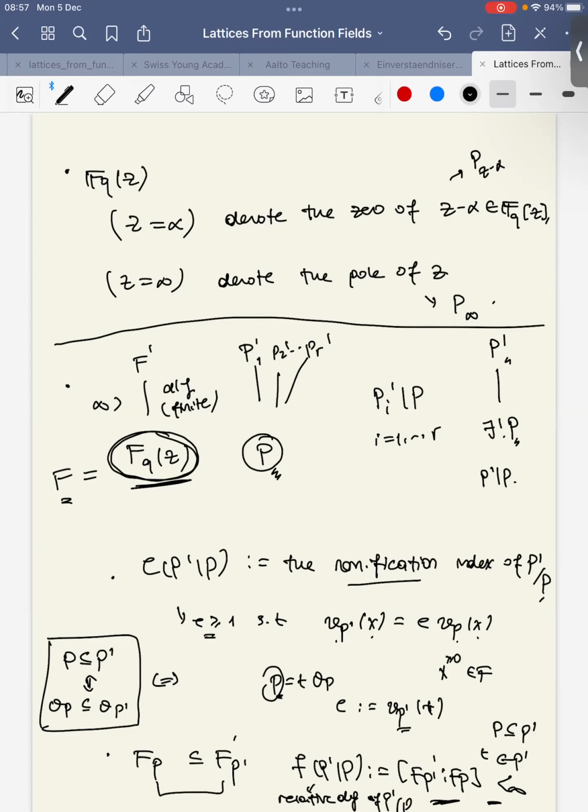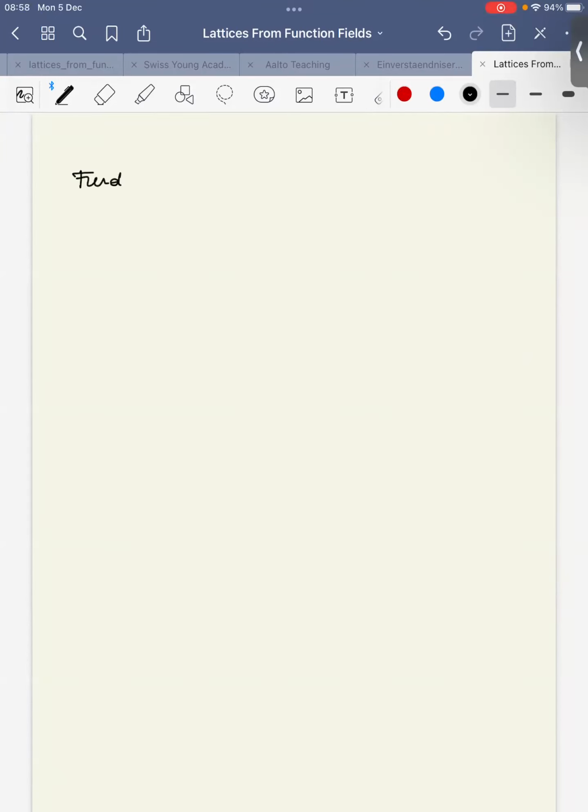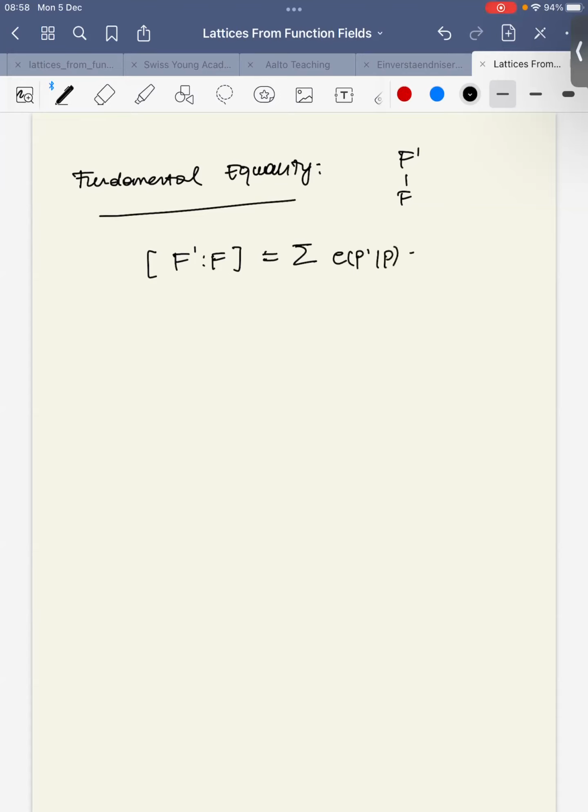And why were these notions important? Because we have seen that another global-local relation can be given in terms of the ramification index and the relative degree, and we gave it under the name of the fundamental equality. That tells us that the extension degree in the case of finite extensions of function fields can be expressed in terms of the sum of ramification indices and relative degrees.